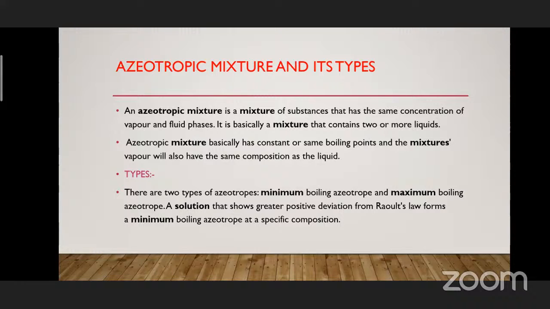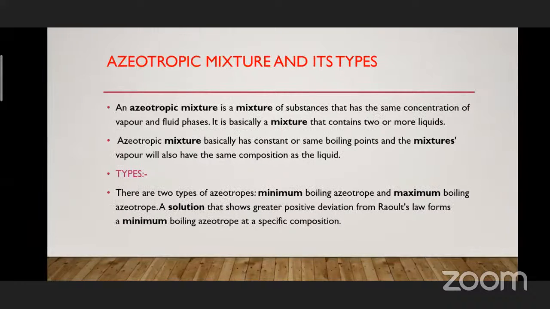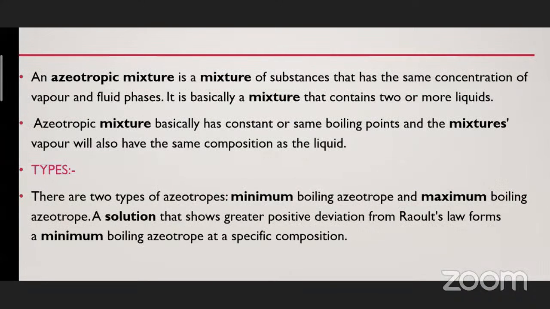So if a mixture forms an azeotropic mixture, though we are heating them, the solute and the solvent will go into the vapor phase together. That mixture is only called an azeotropic mixture. And we have two types of azeotropic mixtures. So what are those two types? Let us see. They are minimum boiling azeotropes and maximum boiling azeotropes.